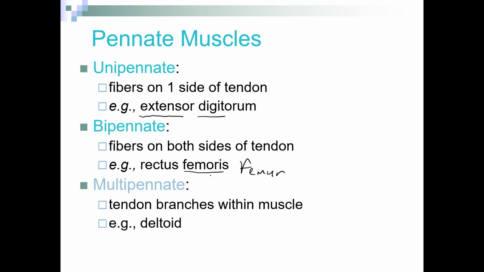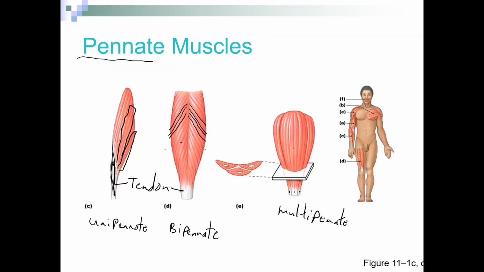So in the rectus femoris, which is bipennate, we're looking for something on or near the front of the femur. D here, for example, is your rectus femoris. It runs the length of the femur, towards the front of the femur. I should mention here the extensor digitorum is right here.